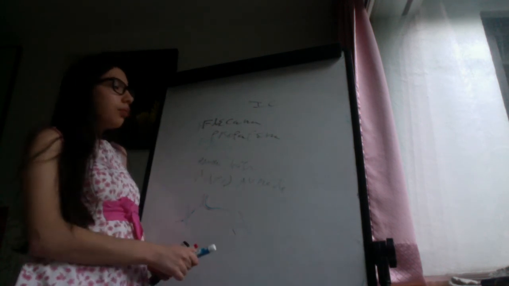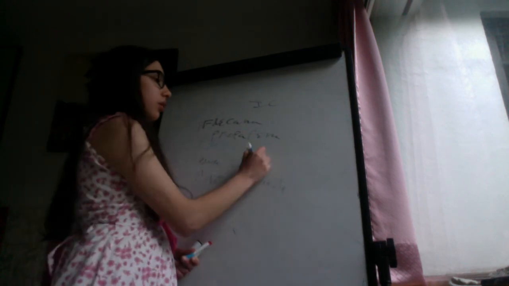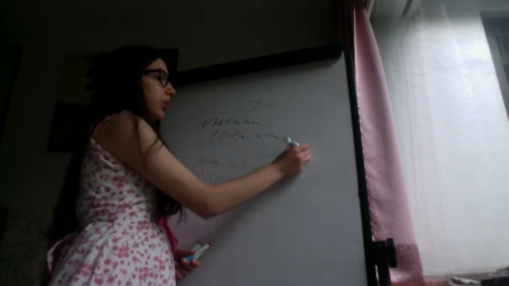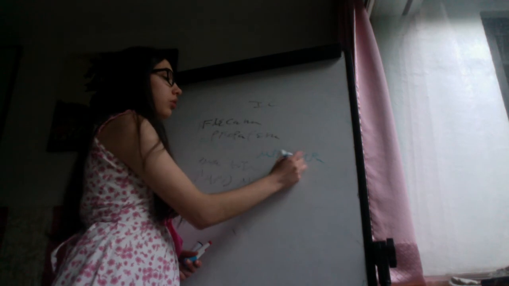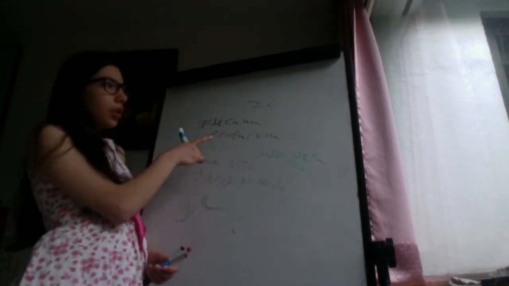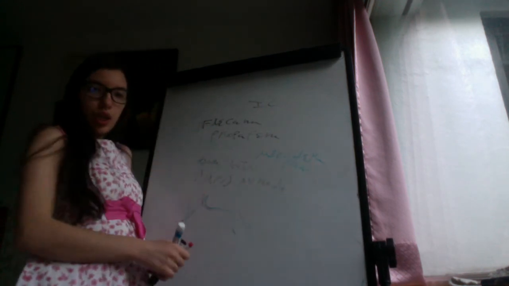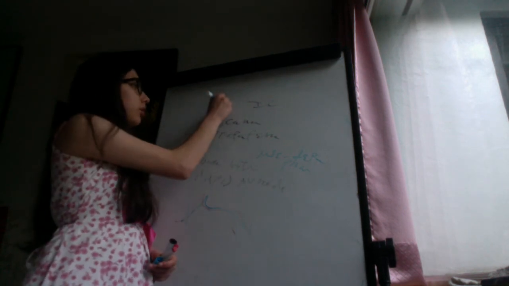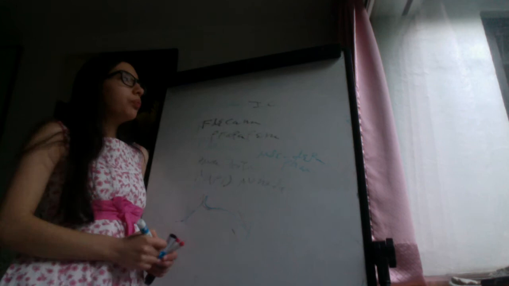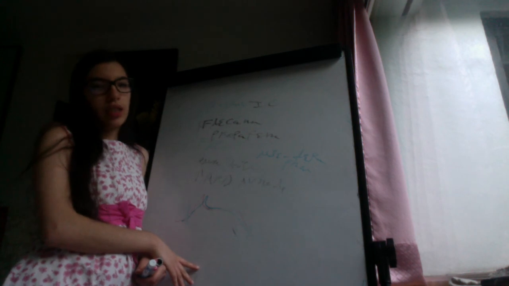And there is something called the use dependence phenomenon. This is that the medication dissociates from the channel in the diastole. So remember what an antiarrhythmic drug is: a drug that decreases the heart rate.